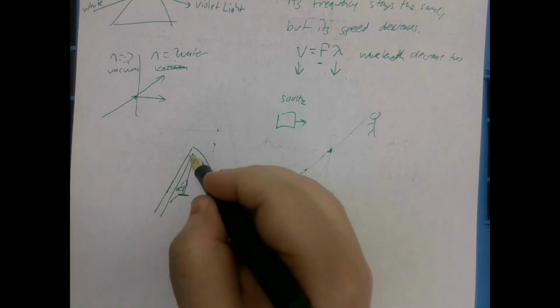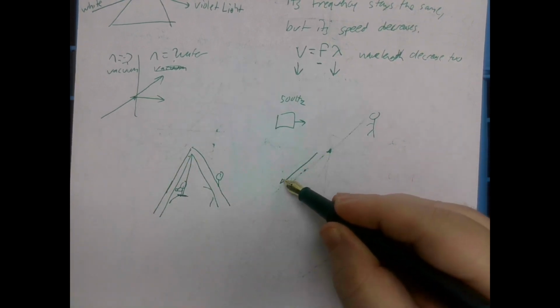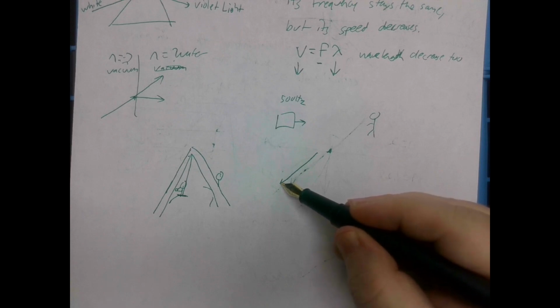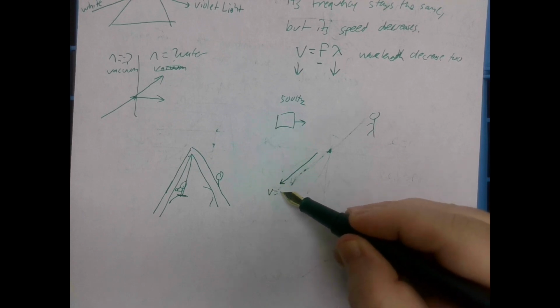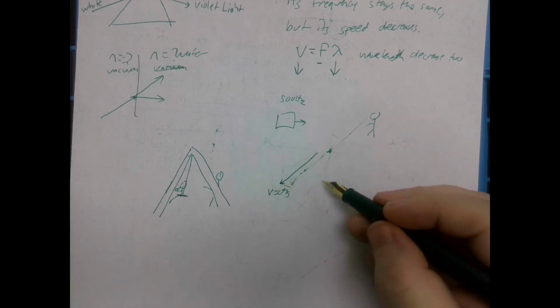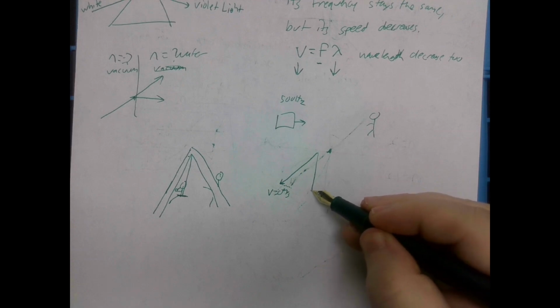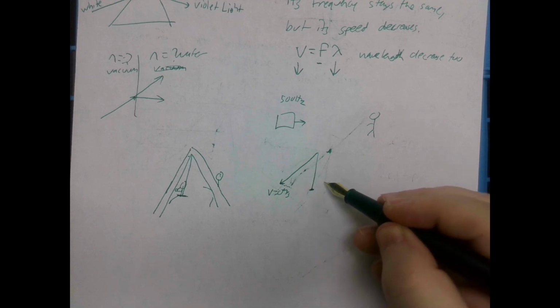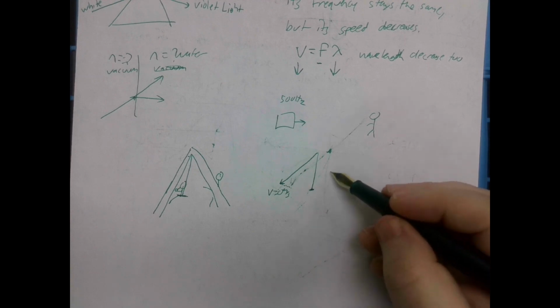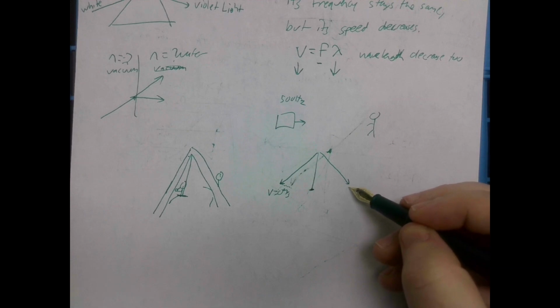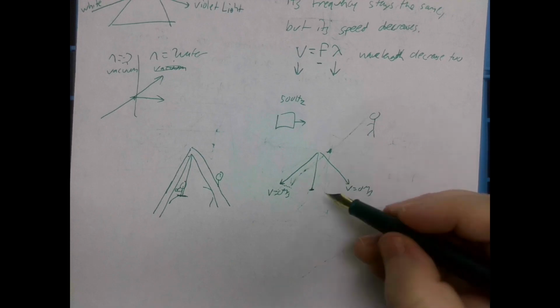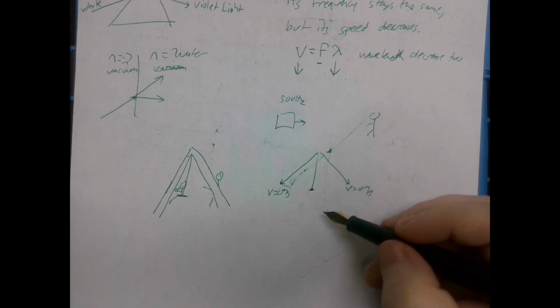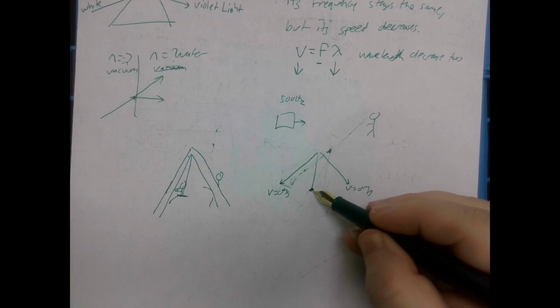When he gets to this highest point, what is his velocity? 0 meters per second. Then he gets faster and faster until he reaches this point, and then gravity pulls him back. Where is he moving the fastest towards you? In the middle, right here.